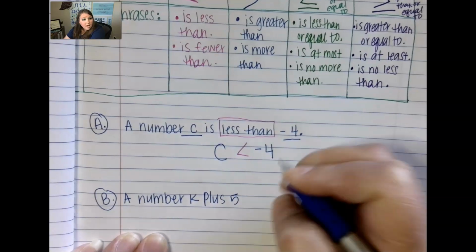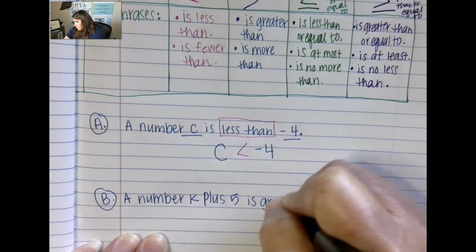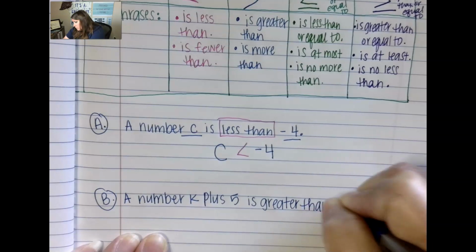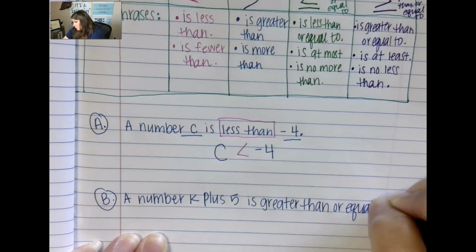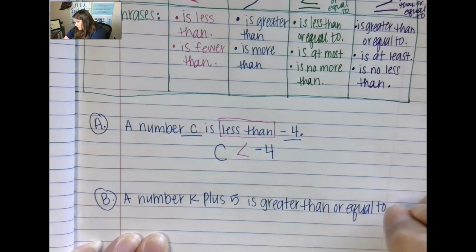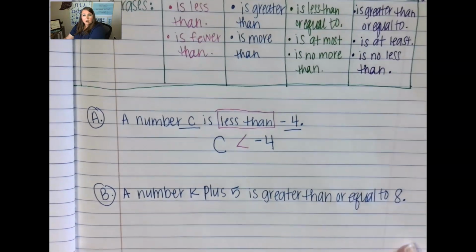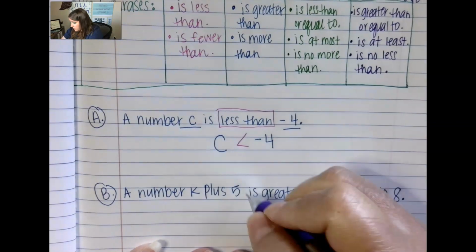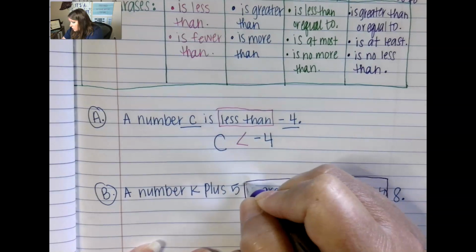So K plus 5 is greater than or equal to 8. All right, so let's start by looking at our clue words that we have. Is greater than or equal to. Look at that clue word right there. Is greater than or equal to.